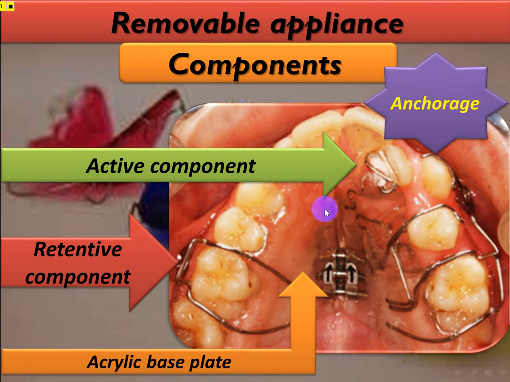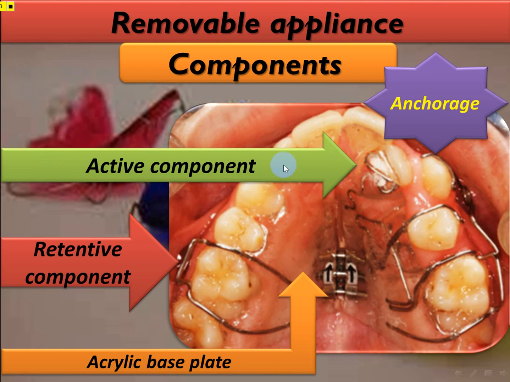The active component is the component that will give us a force and produce movement, like the spring in this design, modified buccal canine retraction, and finger spring here. So when a lecturer asks you to give the design for a removable appliance, you should mention one active component.